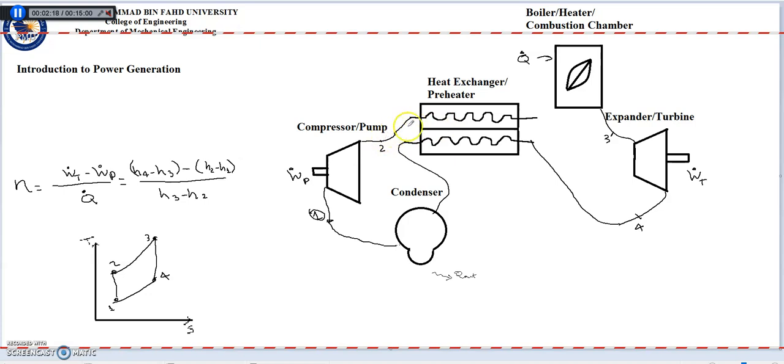So this will act as a preheater before the boiler. Let's call this point X, and this point Y.